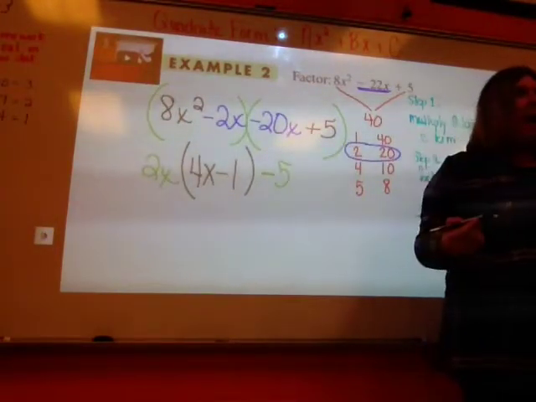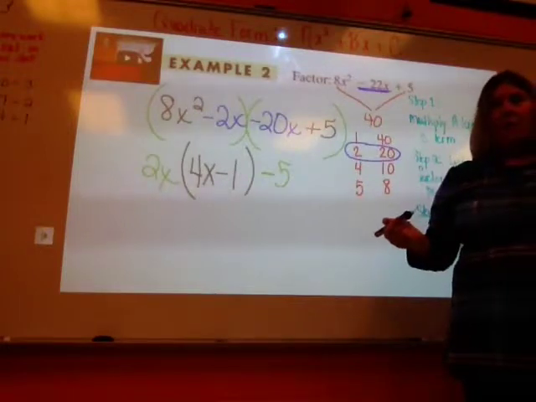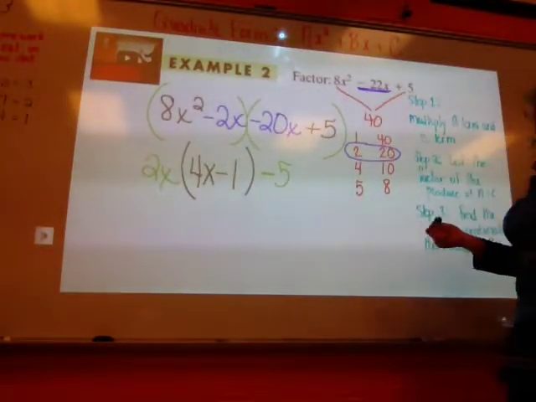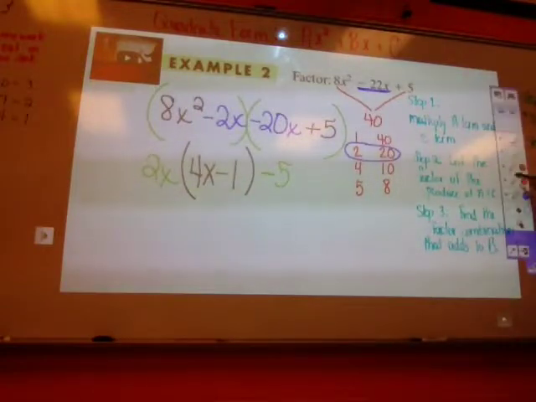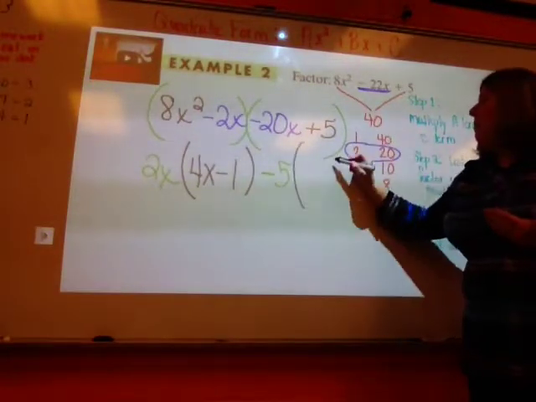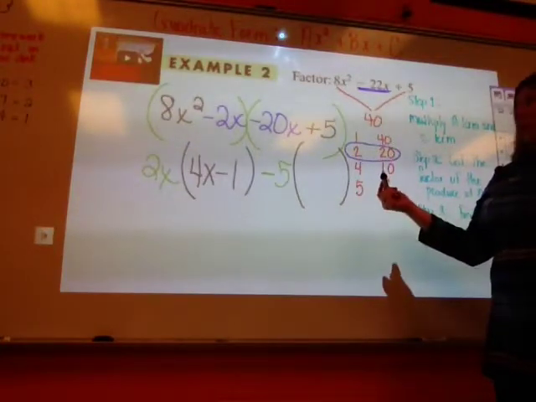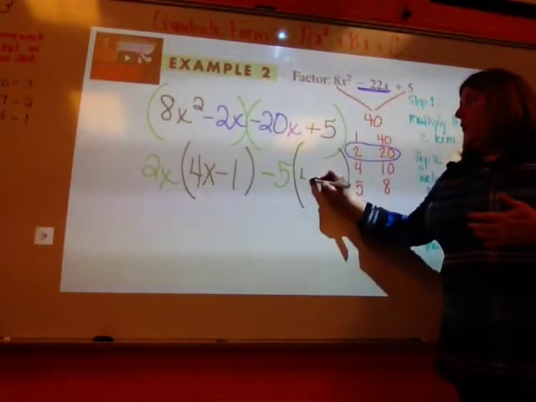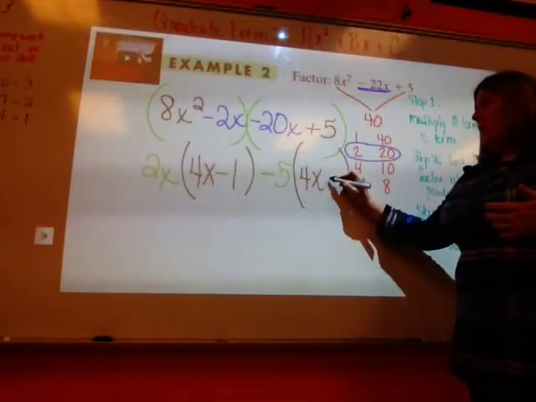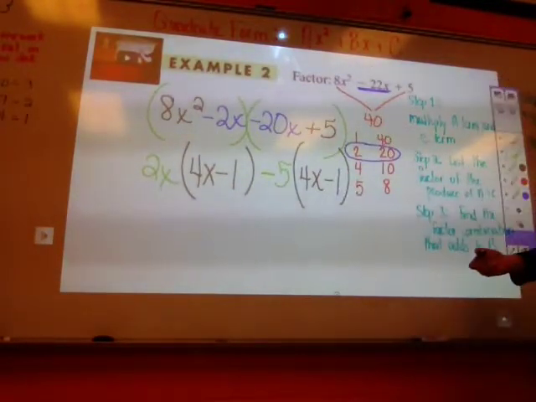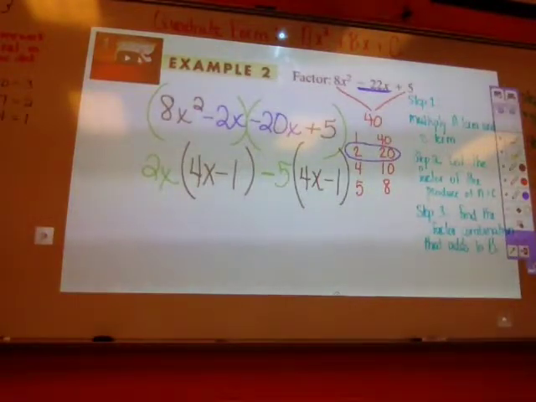So I can really pull out a negative 5. Does that make sense? So when I do that, what am I left with? I'm left with a 4x, right? And then a minus 1. Everybody okay with that? See how that works?